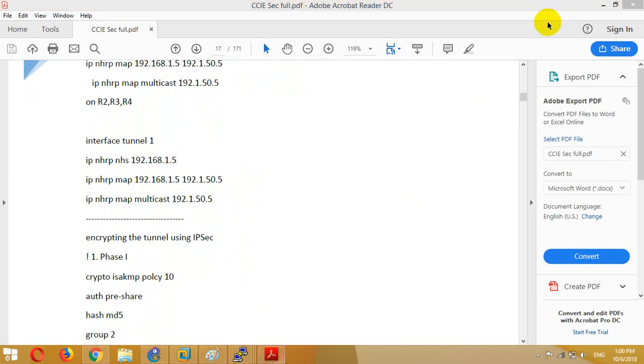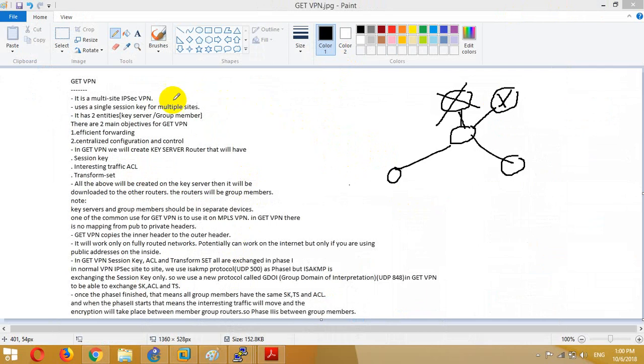The second question is someone asking me about, as you guys remember, the redirect and shortcut, the commands that we put on the hub. We put redirect under the tunnel interface, and on the spokes we put the shortcut command. What was it for?